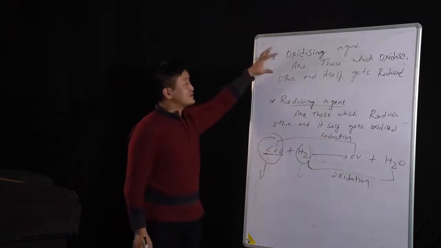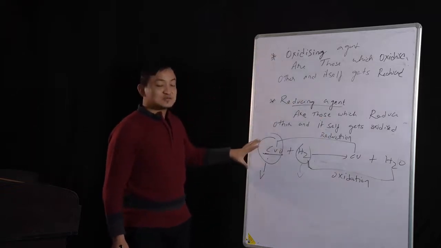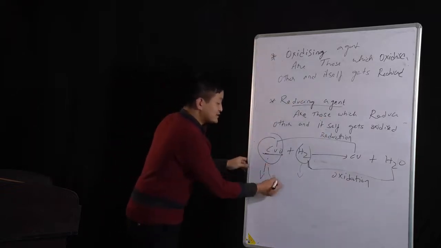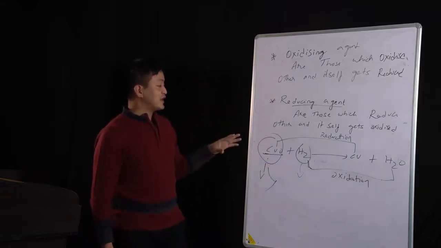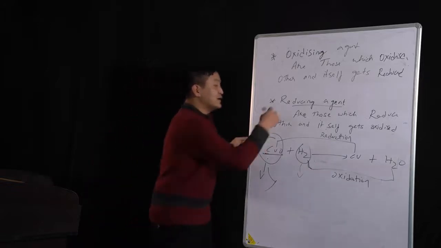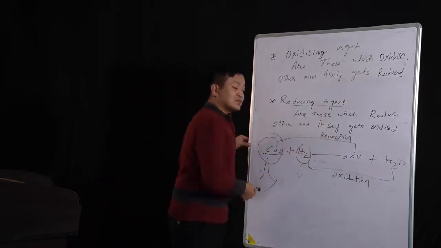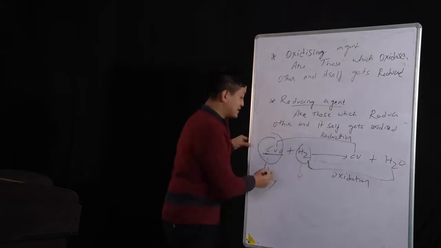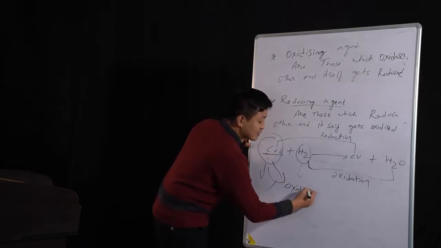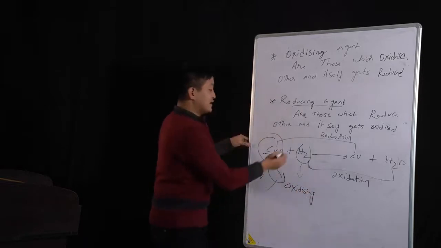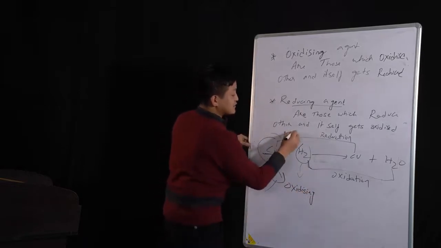Please note down this definition and equation as well. Whenever you write this equation, you have to mention everything clearly: where the reduction is taking place, where oxidation is taking place, and which one is an oxidizing agent and which one is a reducing agent.